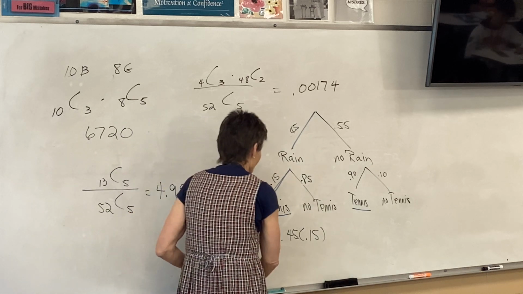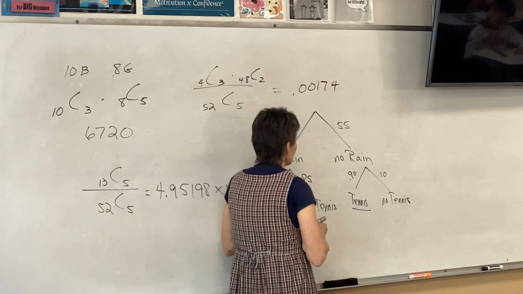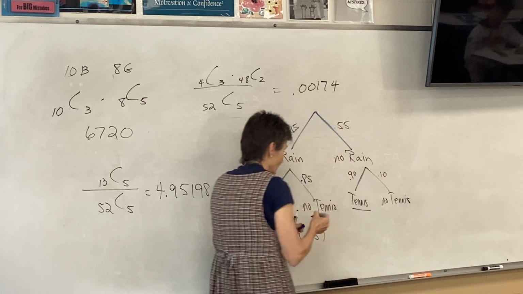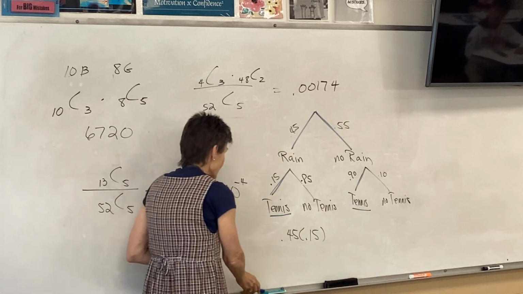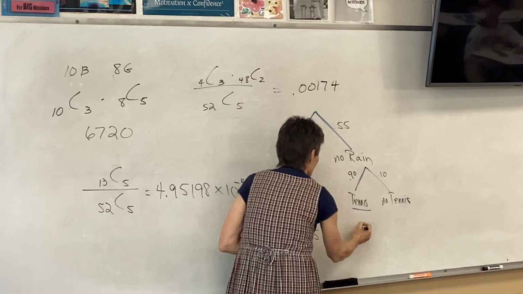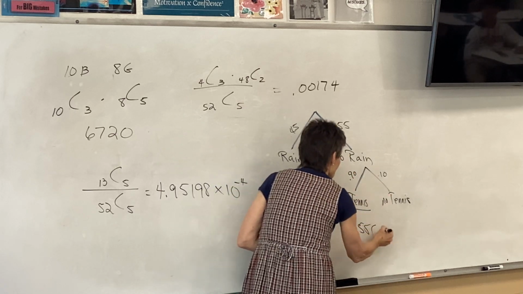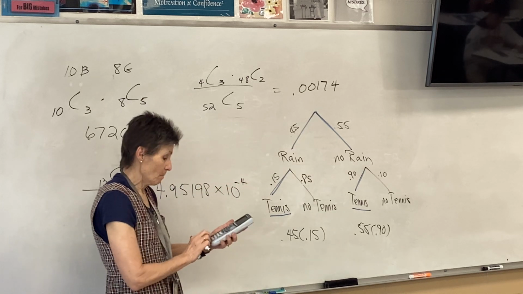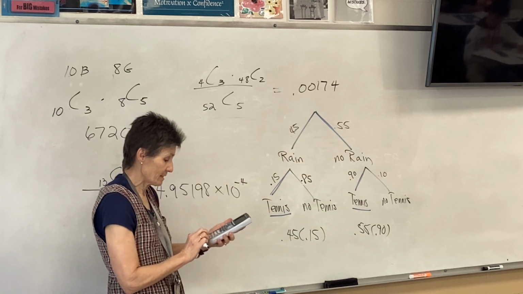And then I'm going to come over here and figure out what that is. Now I have to have this branch. This is not raining and playing tennis. So I'm going to multiply those two things together.